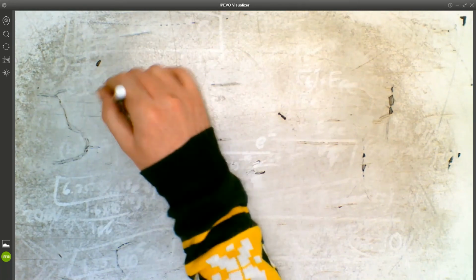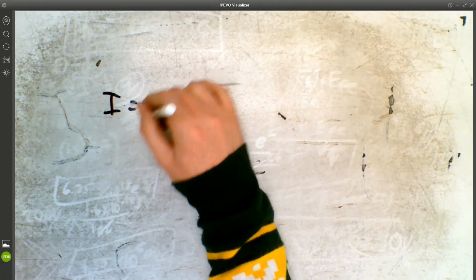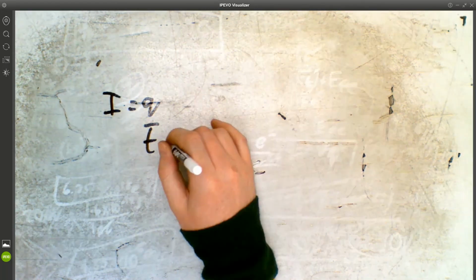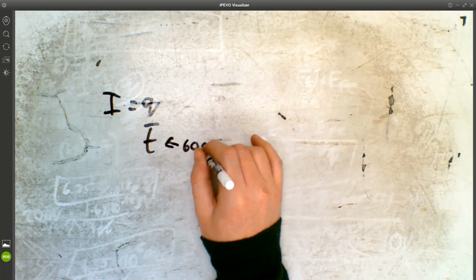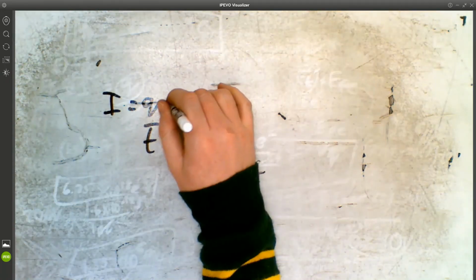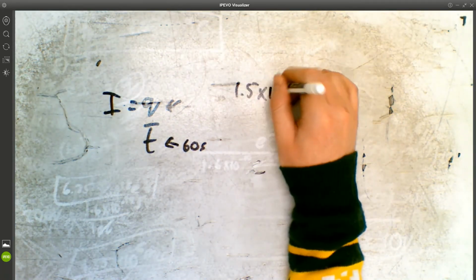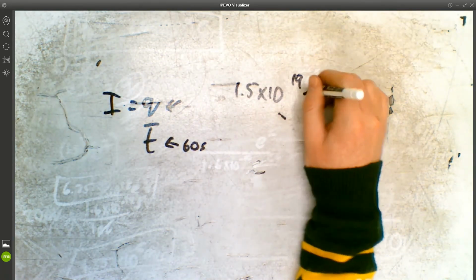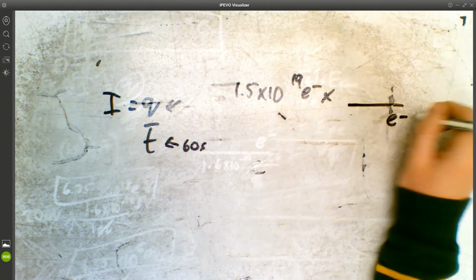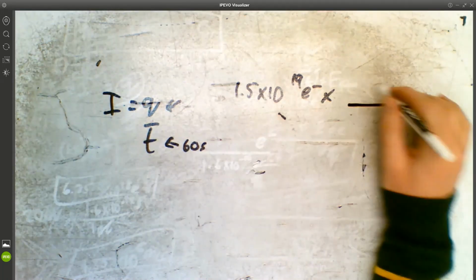So we need I equals Q over T. To figure out how much current, we need a time. Well, this is easy. That's 60 seconds. That's 1 minute. They tell us it's got to be in seconds. But we need to figure out the charge. So we can figure that out with electrons because they tell us we have 1.5 times 10 to the 19 electrons. Cancel out electrons with coulombs.